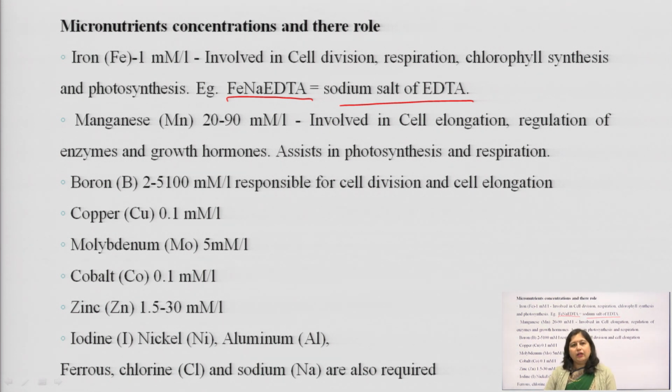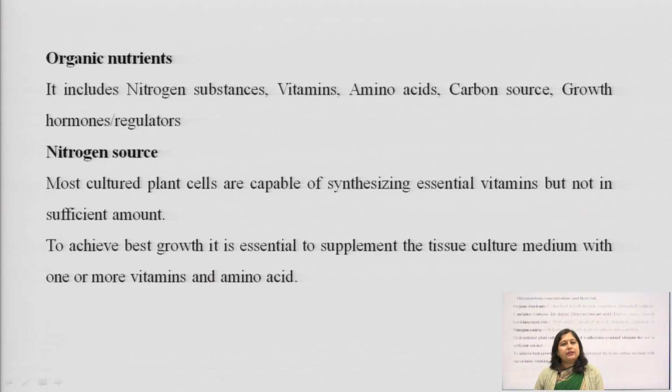Zinc is required in a concentration of 1.5 to 30 millimole per liter. Other than that, iron, nickel, aluminium, chlorine, sodium are also required, and they have their own processes and concentrations which have been well studied and well reported.